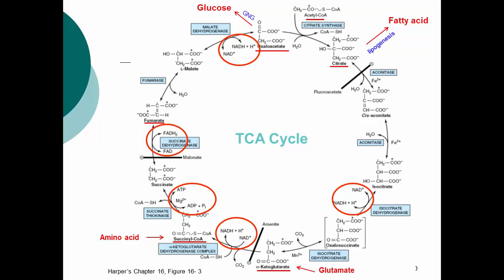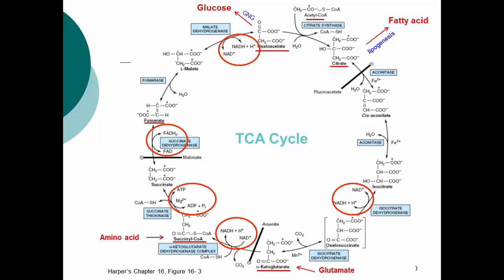So this is actually the important link. Remember that glucose can be metabolized through the glycolytic pathway to pyruvate, and pyruvate enters the mitochondria and is converted to acetyl-CoA. Remember this reaction, right?